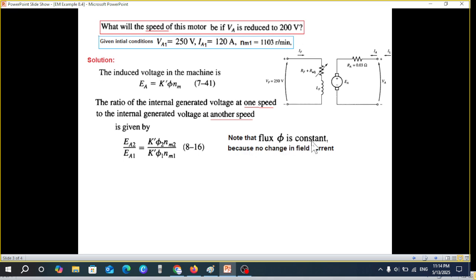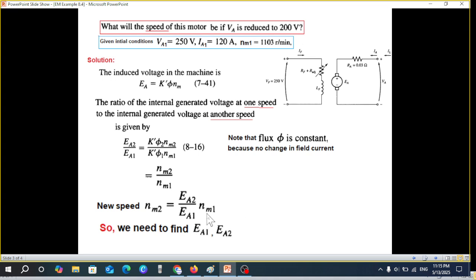Now, since the flux is constant because the field is not changing, therefore phi is constant, and therefore this will cancel, and the K cancels because the same motor. So we'll have EA2 over EA1 is equal to NM2 divided by NM1, two speeds. And from here we can get the formula for the new speed as EA2 divided by EA1 multiplied by NM1.